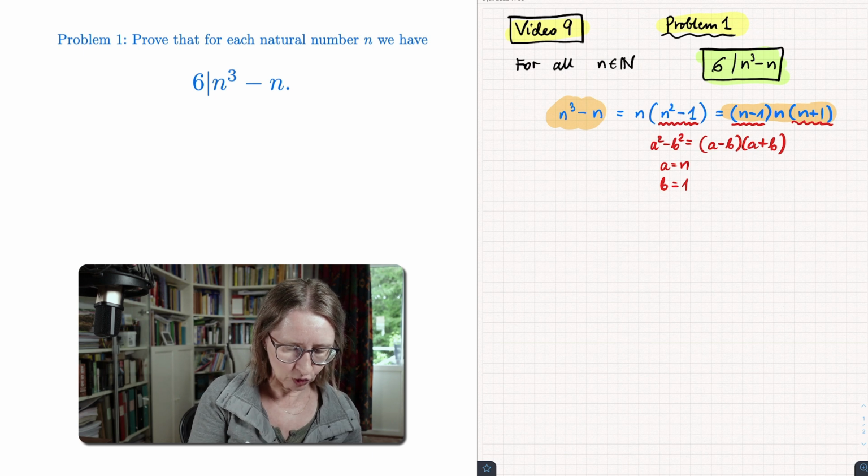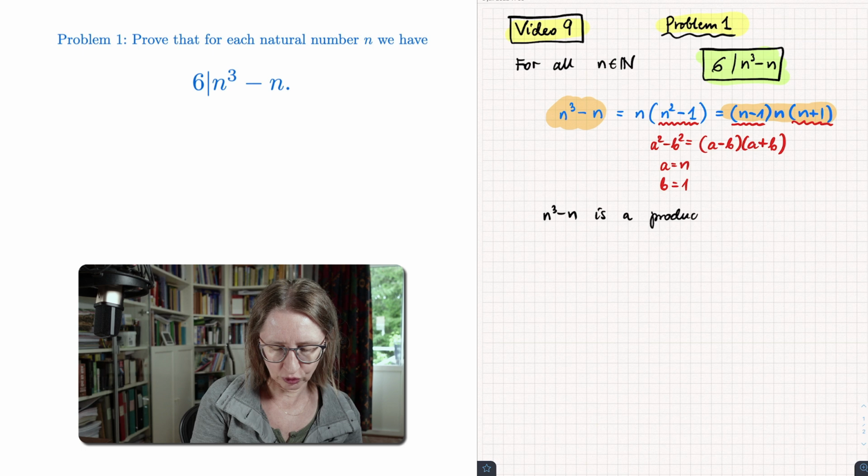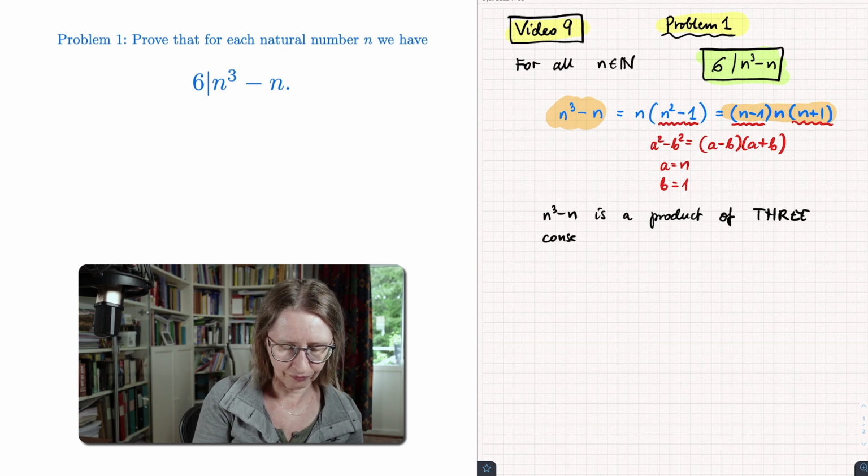So the conclusion is: n to the third minus n is a product of 3 consecutive integers.